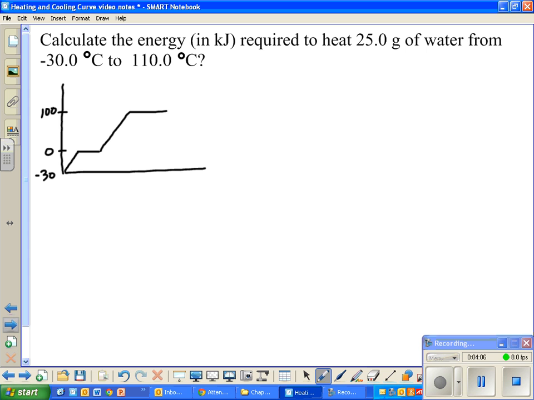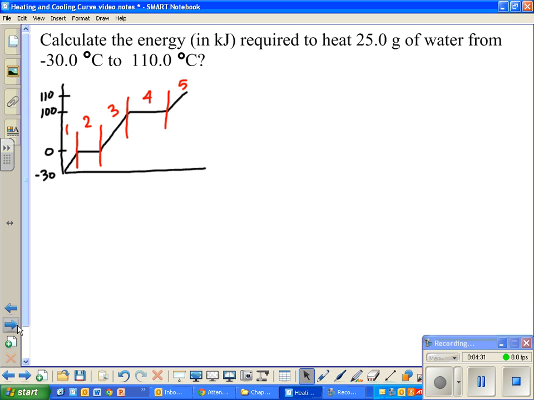And then after that, you're still adding more heat because this is going to go up to 110. Okay, so we have 5 sections. So in order to find the total heat, calculate the energy, we're going to need to calculate the energy at each specific section, 1 through 5, and then add them up.